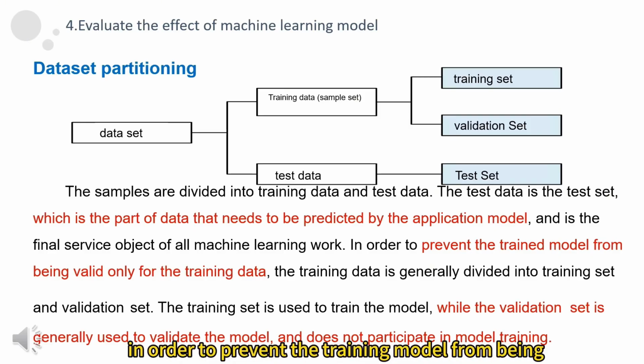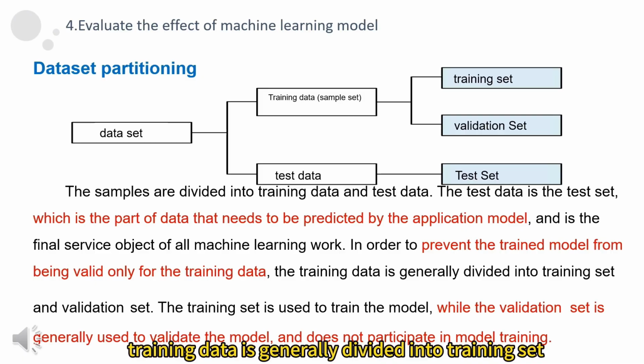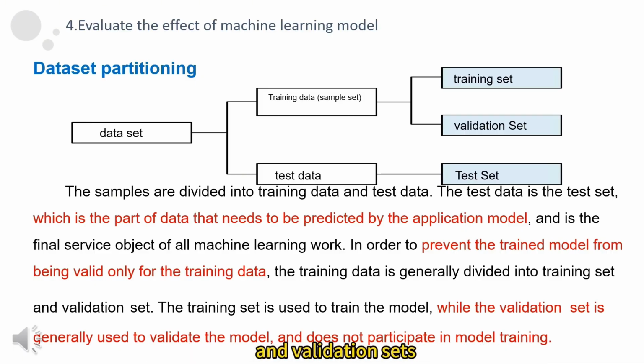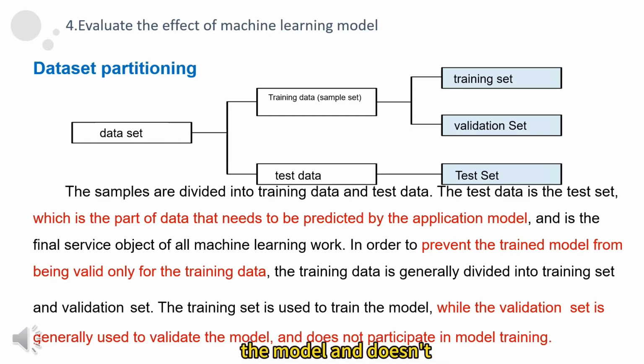In order to prevent the trained model from being valid only for the training data, the training data is generally divided into training set and validation set. The training set is used to train the model, while the validation set is generally used to validate the model and doesn't participate in the model training.